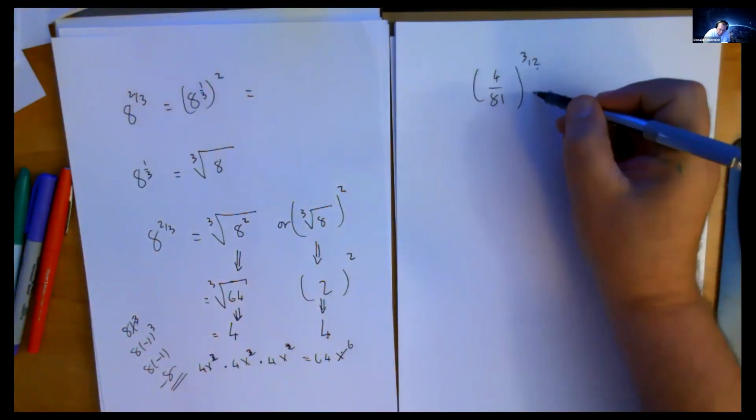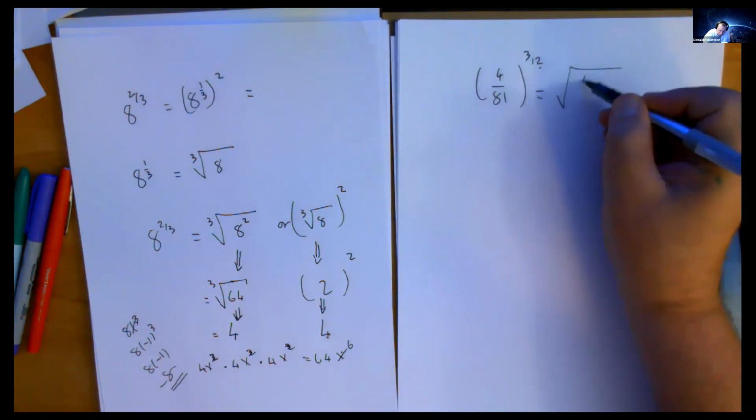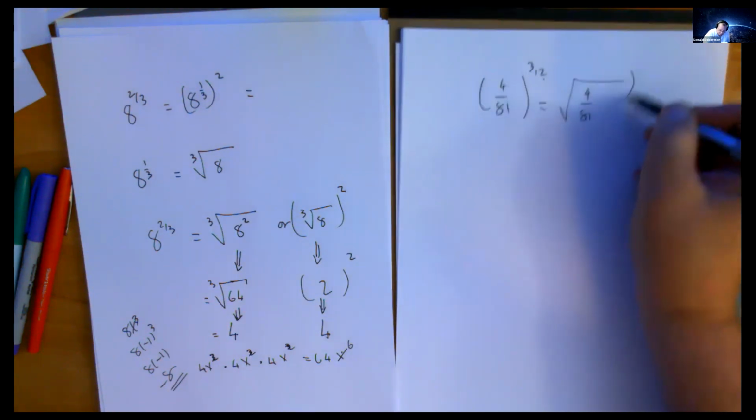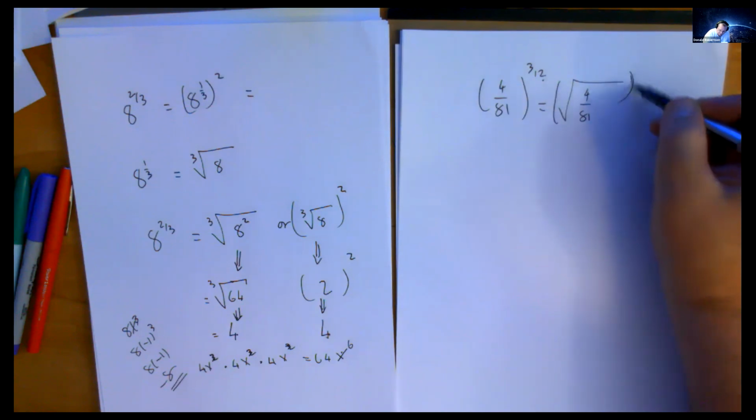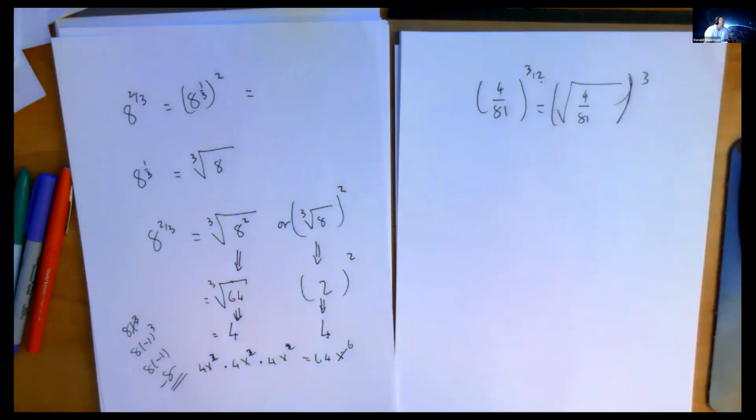The 2 on the bottom means it's a square root of 4/81, and the cube means cube the answer. So that tends to be the order I like to do these things, right? Square roots first, cube it last.